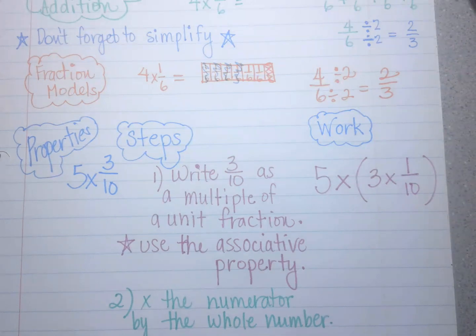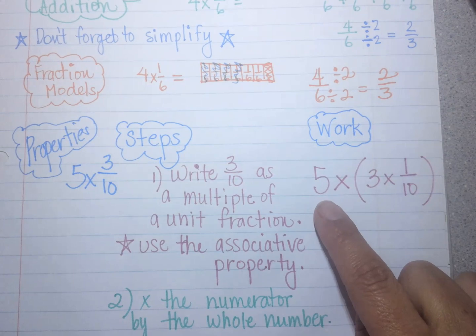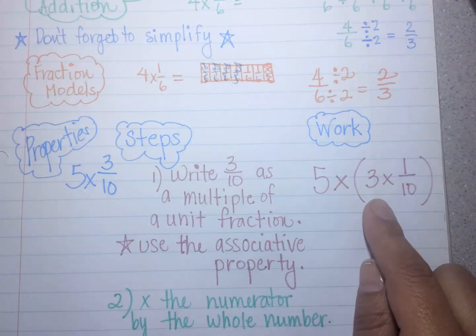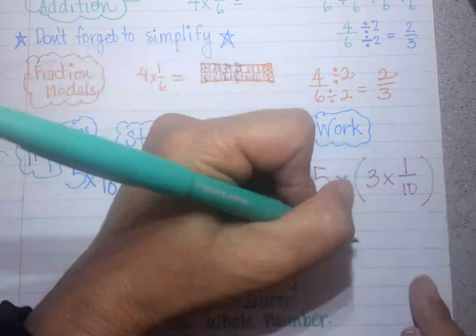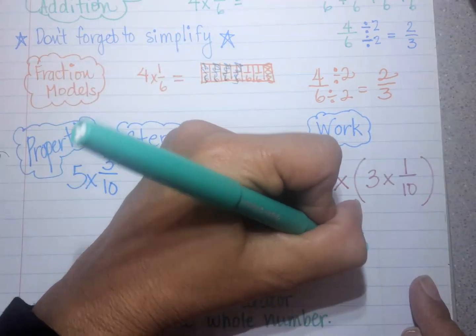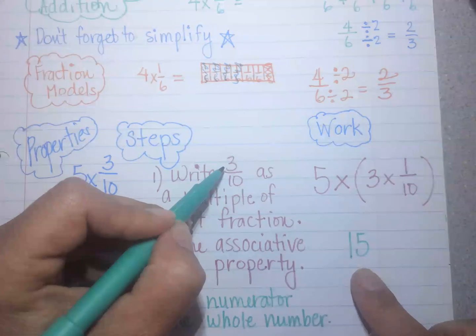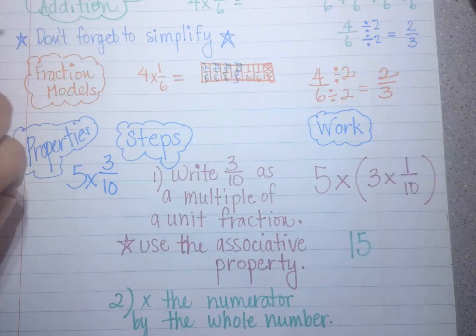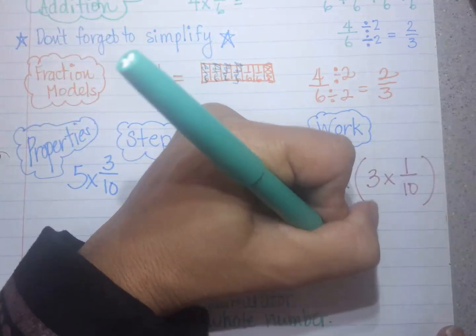What that means is that we're going to multiply 5 times 3, and that's 15. Why are we calling it the numerator? Because it was the numerator in the original problem. 5 times 3, and we leave the denominator the same.